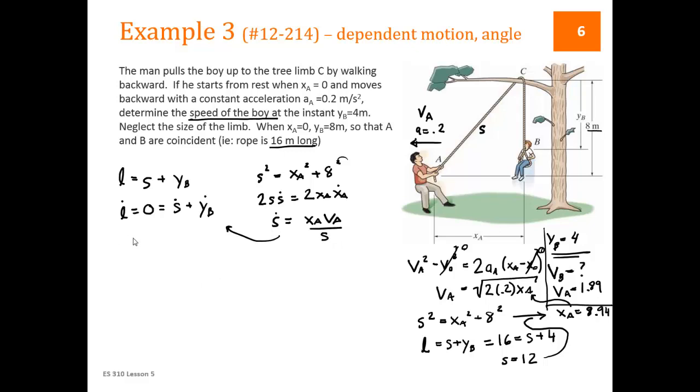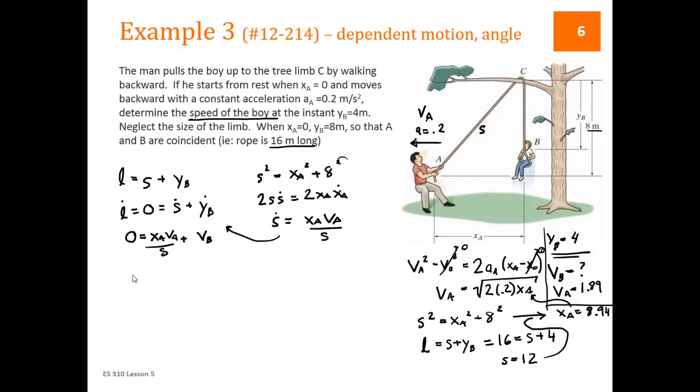We get 0 is equal to XA VA over S plus VB. We know VA because we found it over here. VB is what we're looking for. And we know S and XA because we found them over here. So we should be able to solve then.